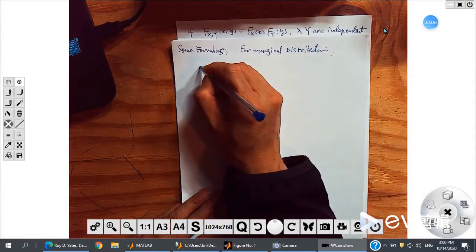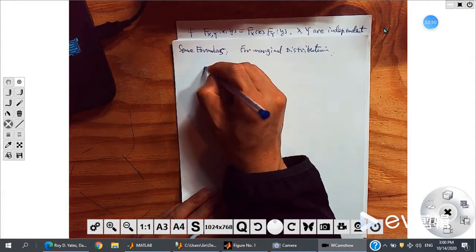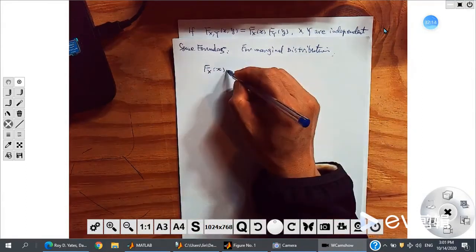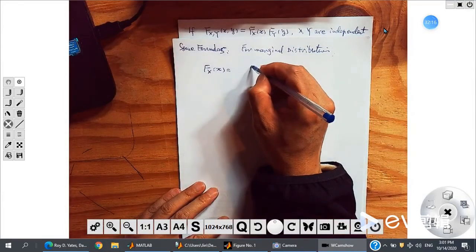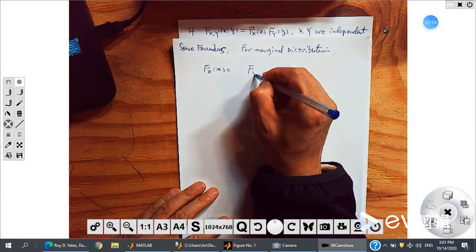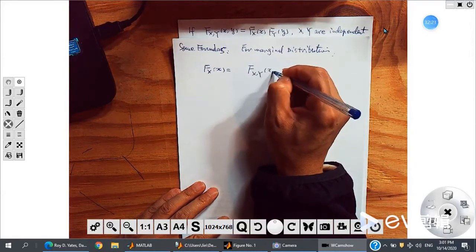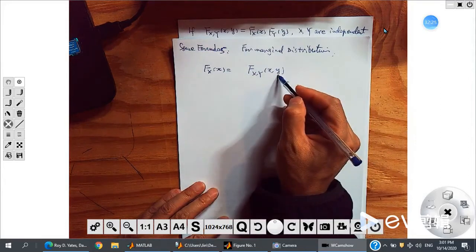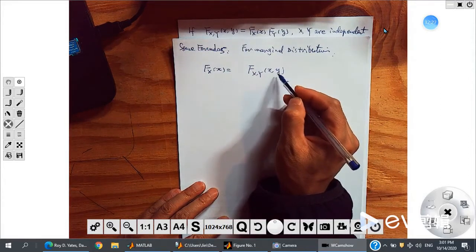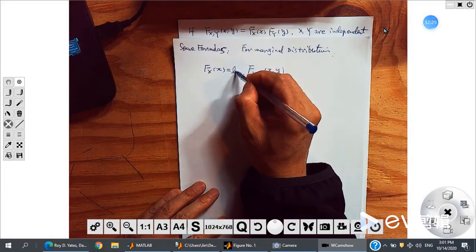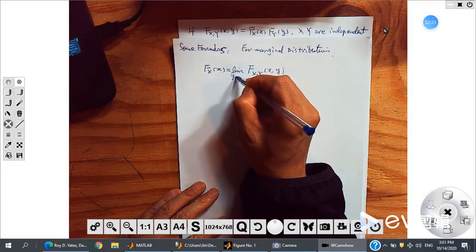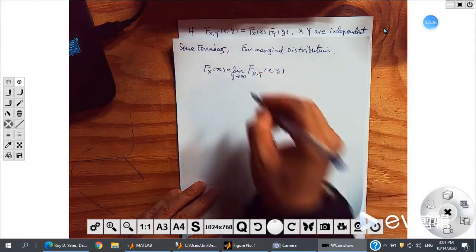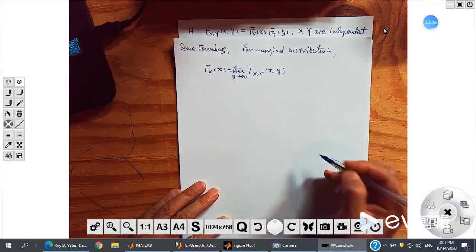In the CDF, we have F_X of x. This is the marginal distribution, right? And it is related to F_XY of x and y. How are they related? You just remove this y. You let y go to infinity, of course positive infinity.